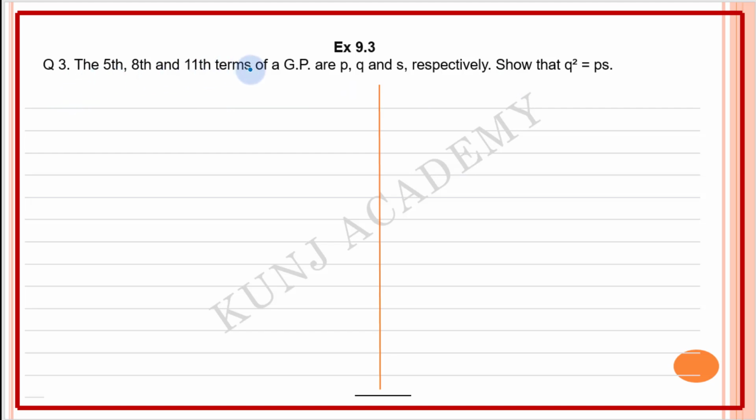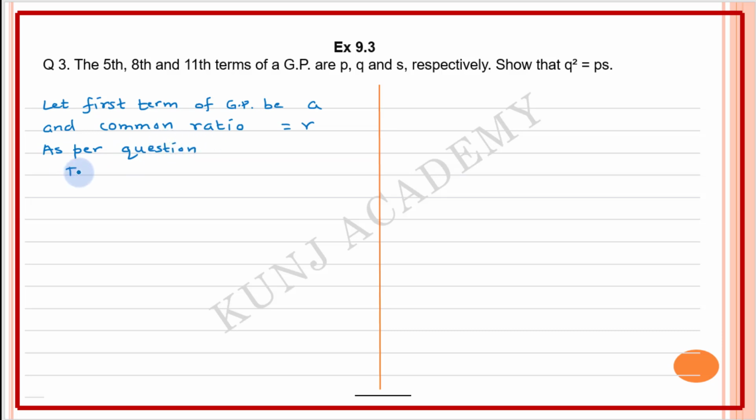Let the first term of the GP be A and common ratio R. As per the question, the 5th term is P. T5 is P. It means ar^(5-1), 4, is equal to P, number 1. 8th term T8 is equal to Q, ar^(8-1), 7, is equal to Q, number 2.